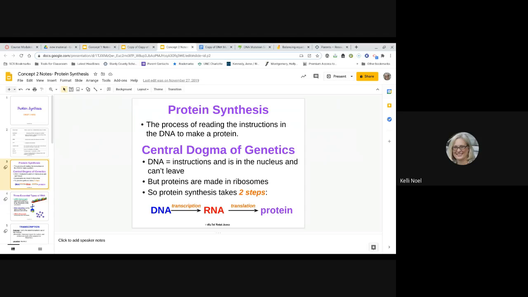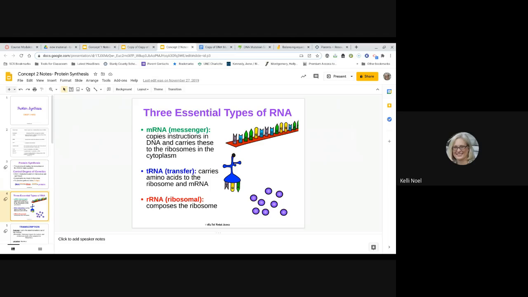Reading the instructions in the DNA to make protein. DNA is instructions. If I make it large, it will not video.